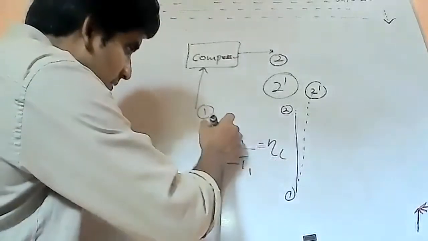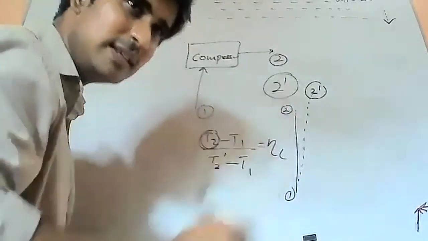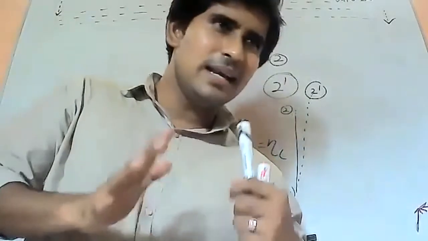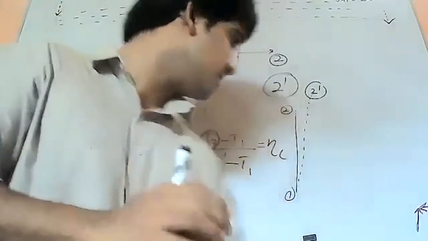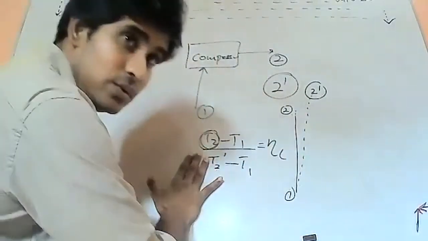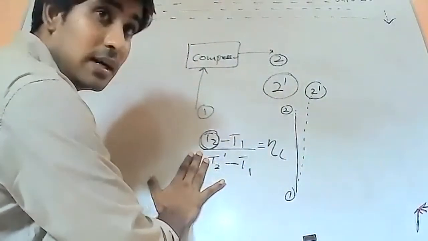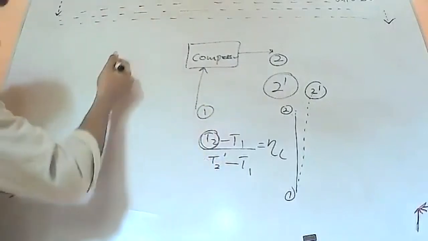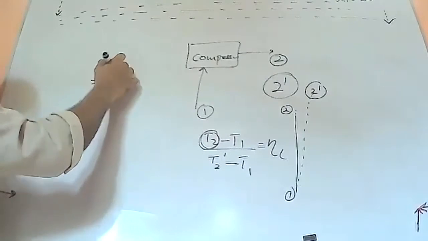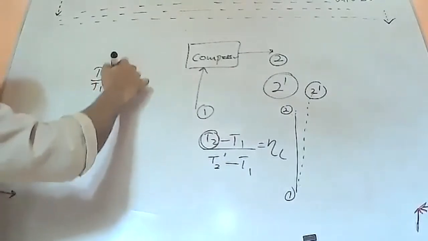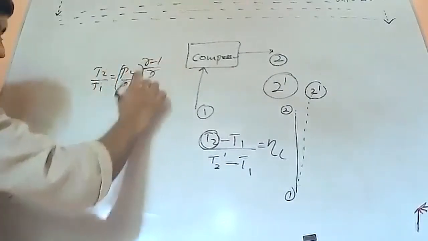But this T2 we already know. Reason, from the ideal equations we can only find the ideal values, not the real values. But no worries. T2, you know how to find T2 because you already have a formula. T2 divided by T1 equals P2 divided by P1 to the power gamma minus 1 over gamma.